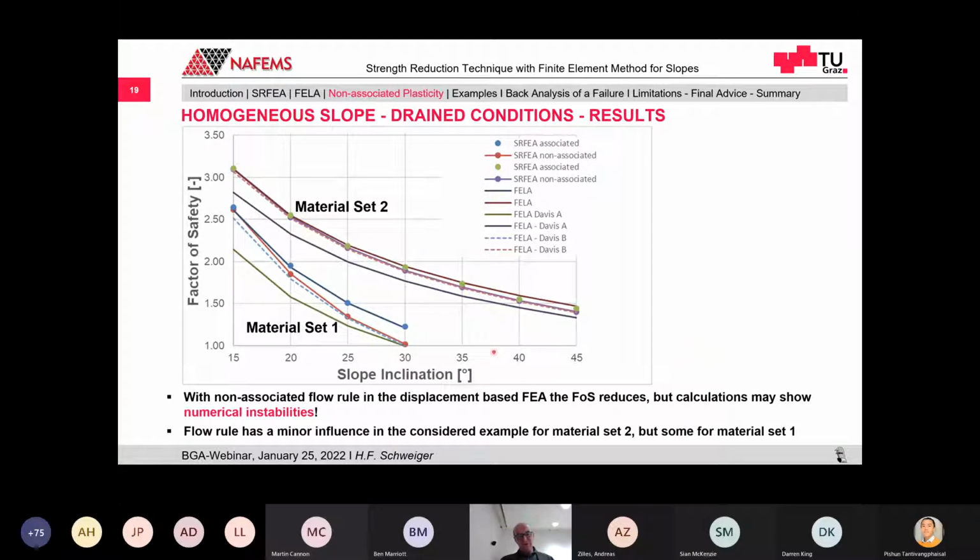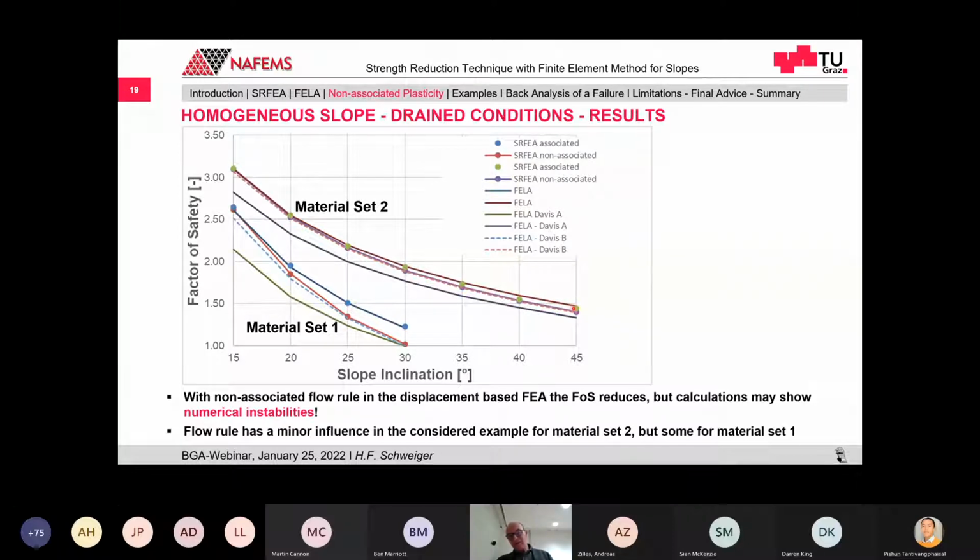There are a lot of curves, but I will just point out the important ones. These are the two material sets I was describing before. So that is material set 2, the cohesive one. And you see here all these lines: strength reduction, displacement-based, associated, non-associated, and the finite element limit analysis.